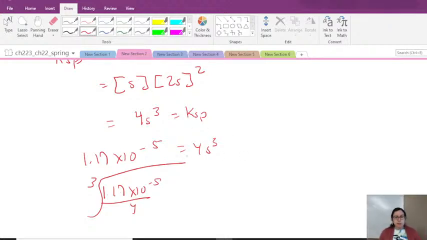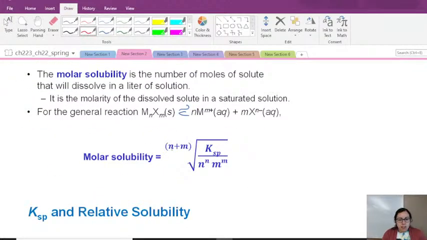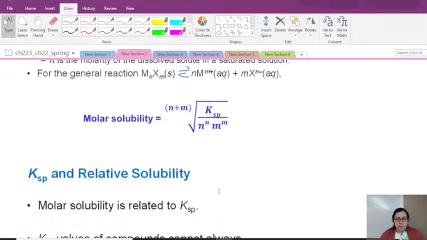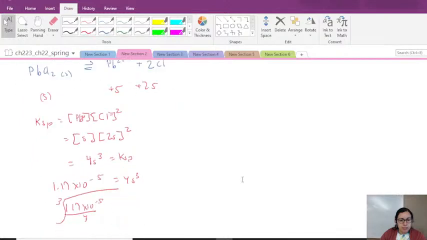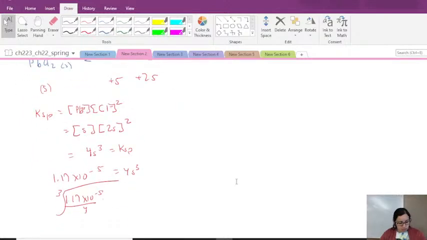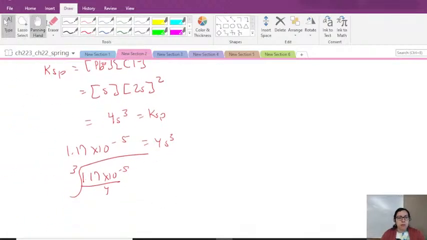And so let's pause there for a second and go back to our formula. What did it say the formula was? It said molar solubility was N plus M root, and then KSP divided by N to the N times M to the M. And if we plug that into our lead chloride scenario, so now I'm just going to rewrite the molar solubility formula here.